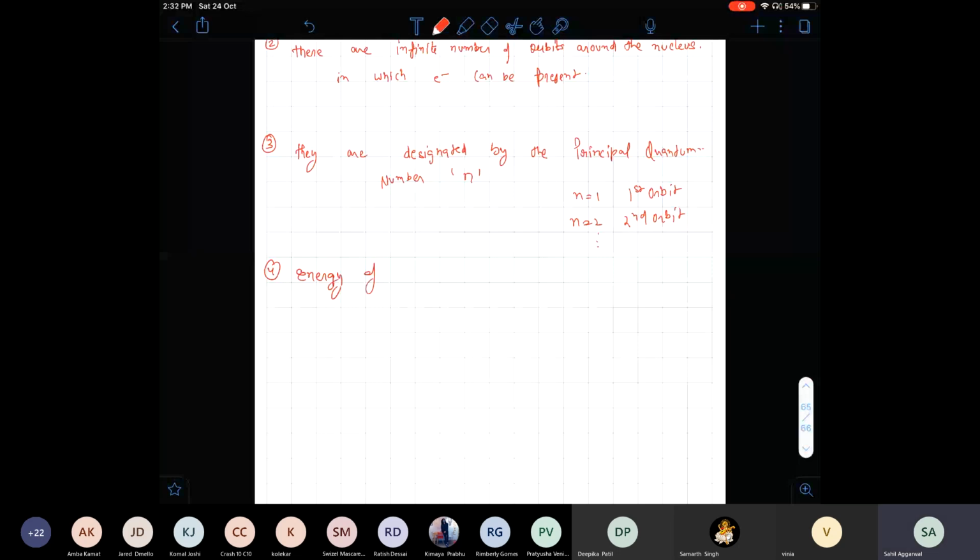Energy of an electron in any particular orbit is always fixed.